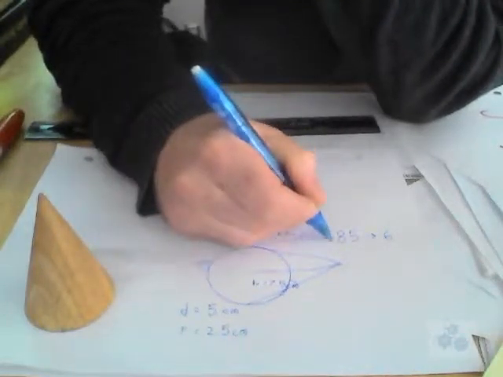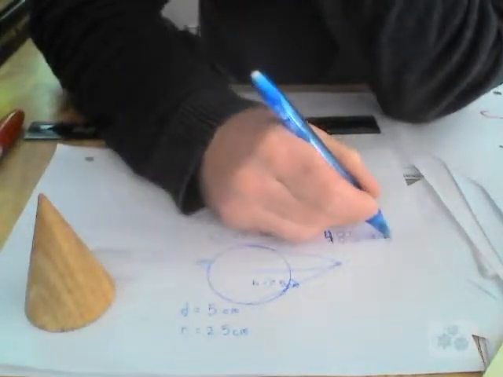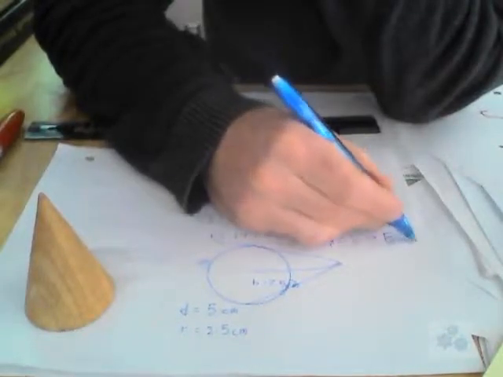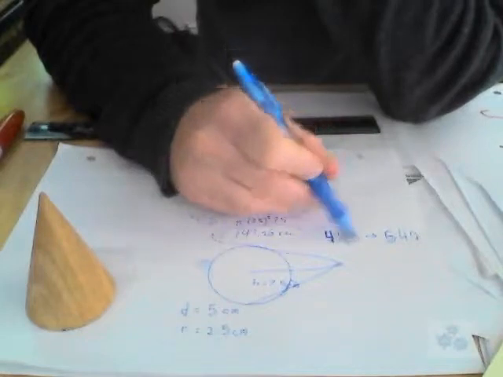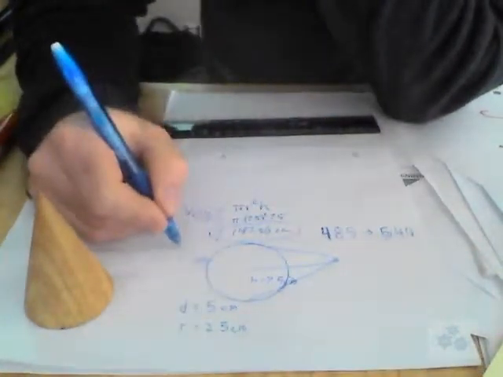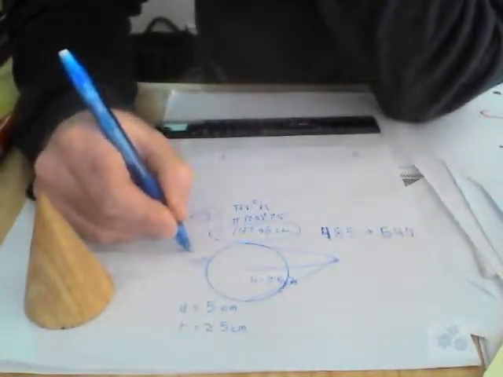Sorry, 485 to 540. What's the difference there? That's 40 plus another 15. That's 55. Okay, so 55.